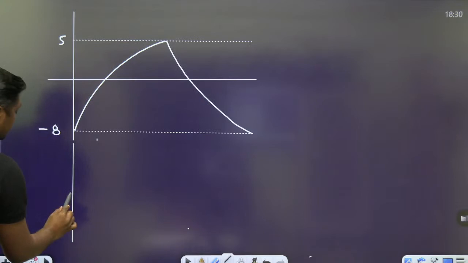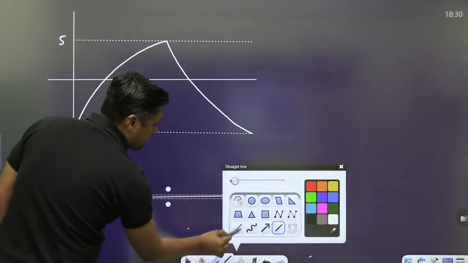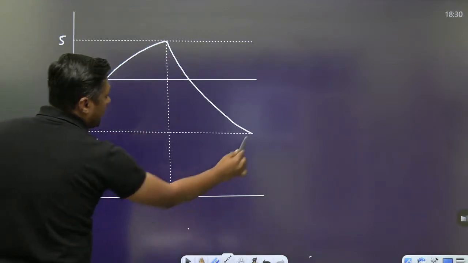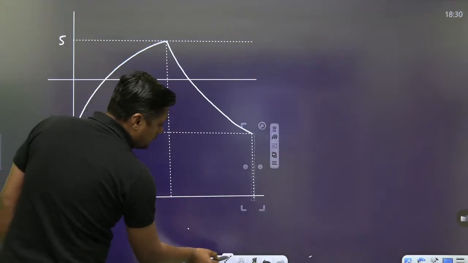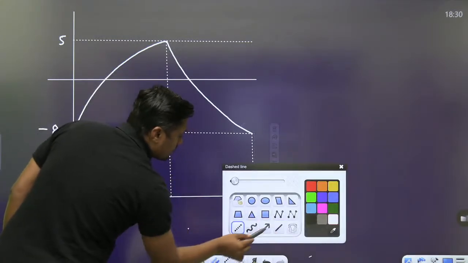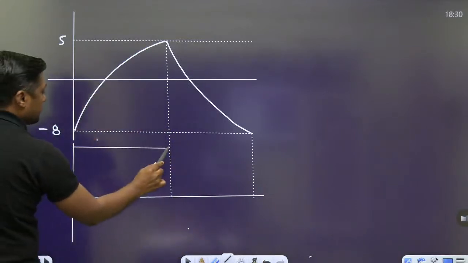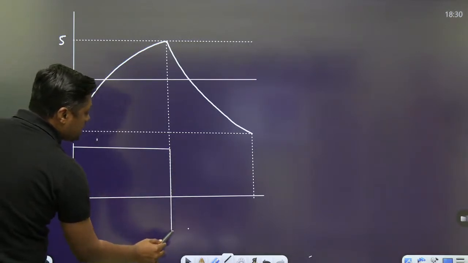When it is charging, up to this point, and when it is discharging, then at this point the output will be plus 15 when charging, and when it is discharging, output will be minus 12.